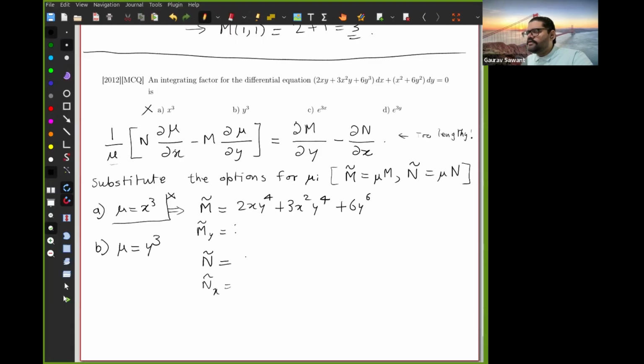Here already you see there is a problem. M tilde y is going to be 8xy plus y cube and so on.